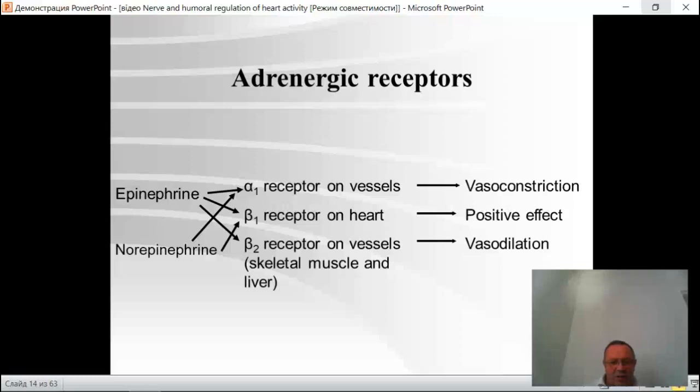These present different types of adrenergic receptors: alpha 1 receptors present in vessels, beta 1 receptors present on the heart, and beta 2 adrenergic receptors, present on vessels in skeletal muscles and liver.